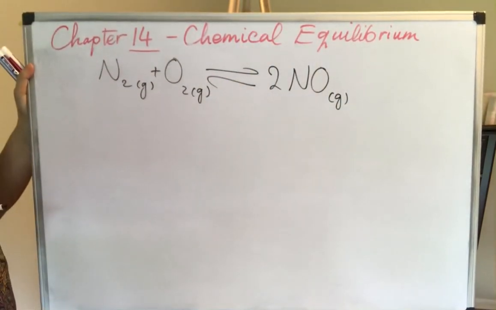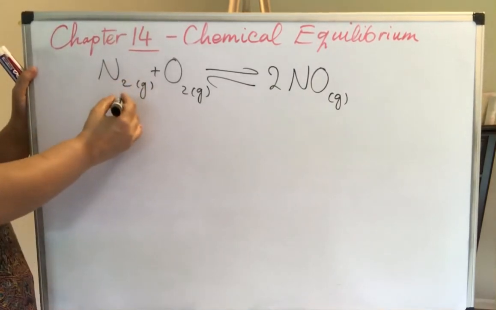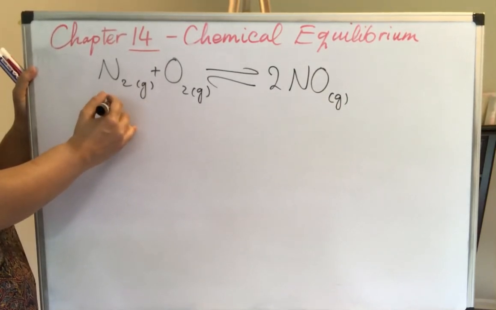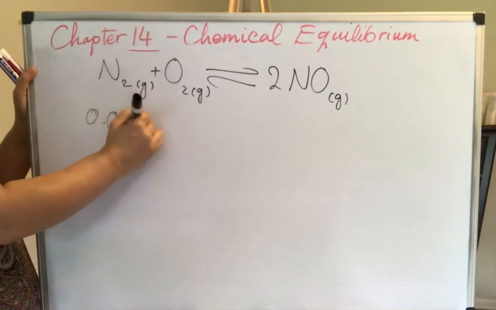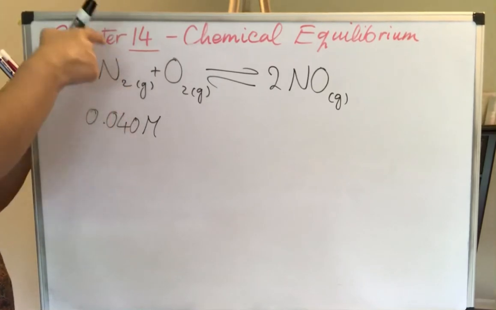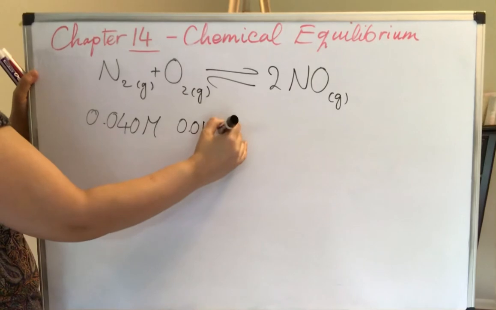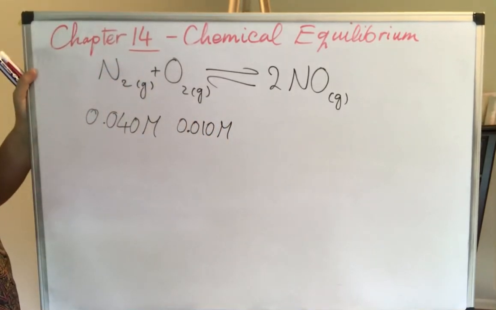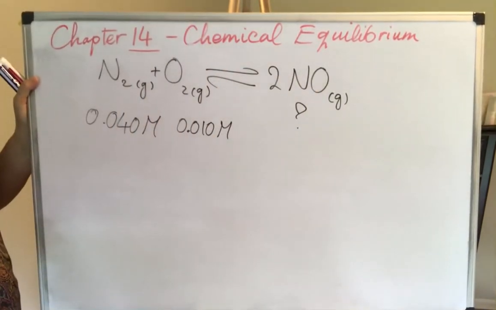If an equilibrium mixture at 25 degrees Celsius contains 0.040 molar of N2, I'm writing the concentrations underneath, and 0.010 molar of O2, what is the concentration of NO in this mixture?